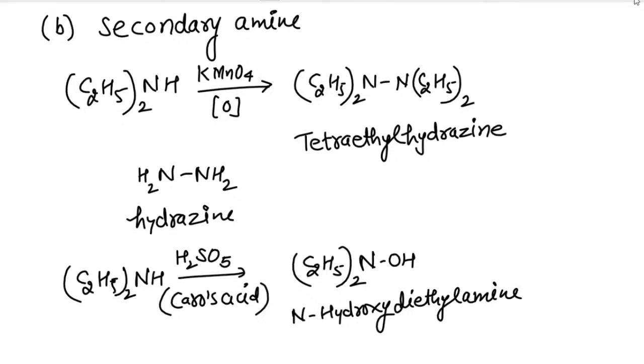So see the difference. When we have KMnO4, we get a derivative of hydrazine, that is tetraethyl hydrazine. And when we have Caro's acid, also known as persulfuric acid or peroxosulfuric acid, because it has a peroxide linkage, we get N-hydroxy diethylamine.